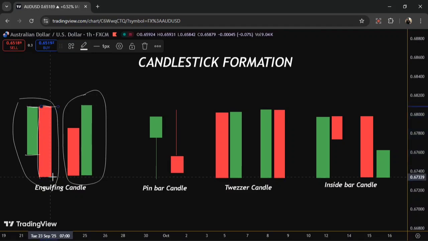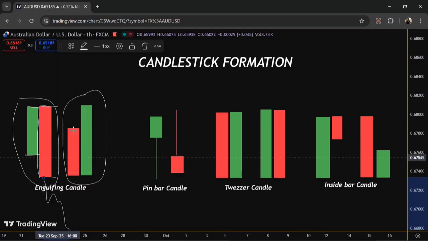So it shows that sellers are more in control using the candlestick anatomy, and price might likely continue trading below. But trust me, this candlestick forms everywhere on the price chart, but we look at specific zones where this candlestick forms, and we use it as a yardstick to make price decisions or enter the market.